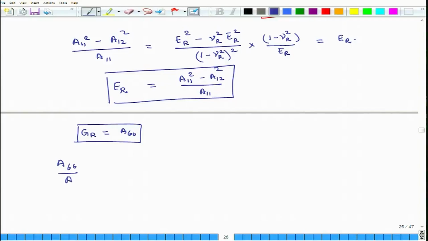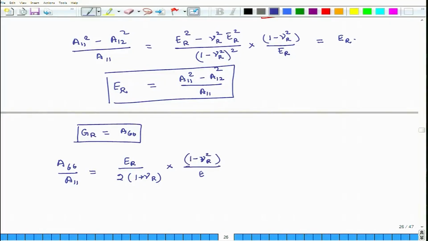A66 divided by A11 is equal to what? A66 is ER divided by 2 into 1 plus nu R, and what is A11? A11 is ER over 1 minus nu R square.